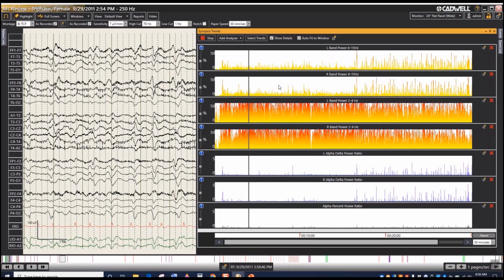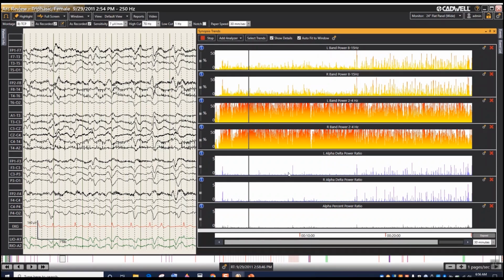And if you look at the band power up top, we've chosen 8 to 15 hertz on the upper part and 2 to 4 hertz on the bottom part. So we're looking at alpha range activity up top, delta range activity down at the bottom.